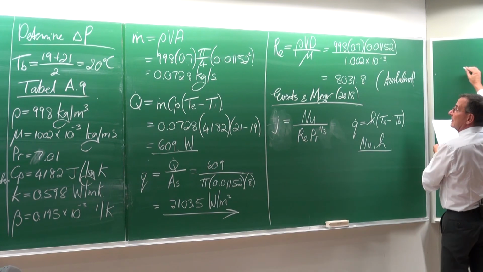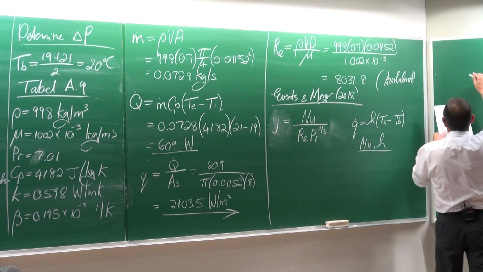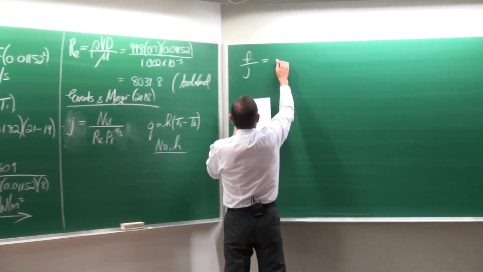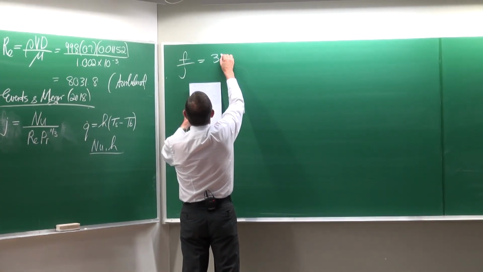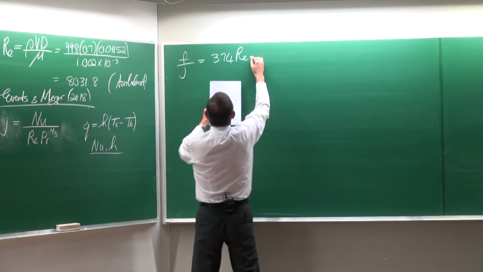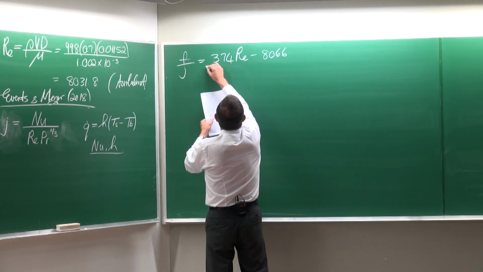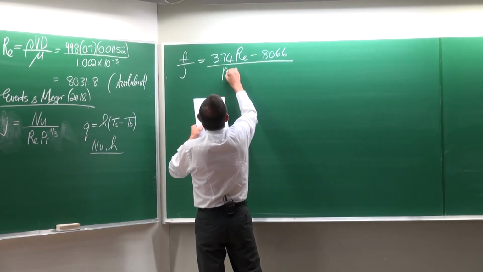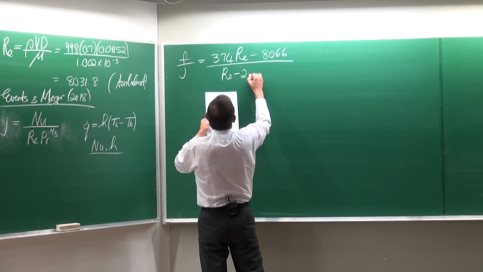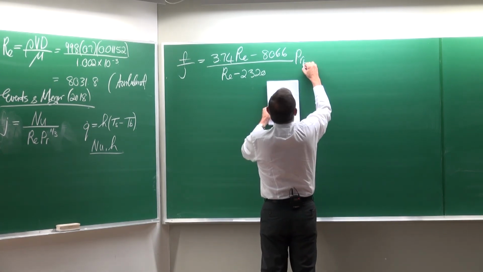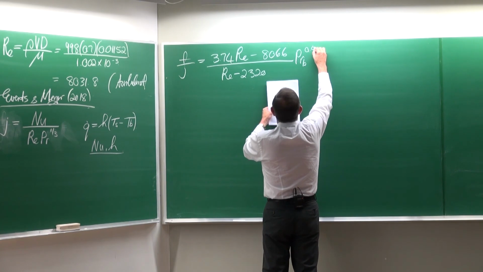Okay. And then if you go and look at the Everts and Meyer equation, it gives you F divided by J is equal to 3.74 Reynolds minus 8066 divided by Reynolds minus 2320 multiplied by Prandtl bulk to the 0.42.